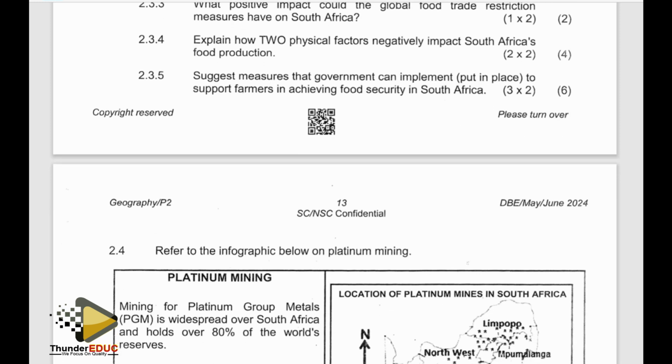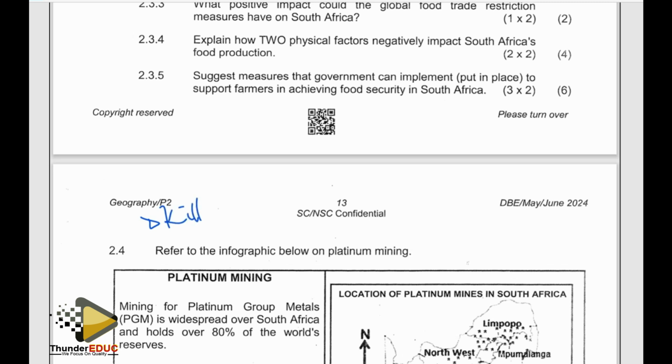Some of the farmers do not have the right skills to do effective production, so the government should maybe do some skills training, skills development programs for farmers. If farmers are equipped with the right skills, it can be beneficial for them to acquire such skills and employ them for the benefit of the country at large, because they will be highly productive.